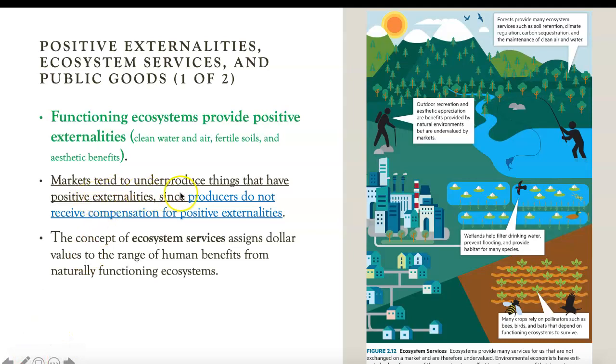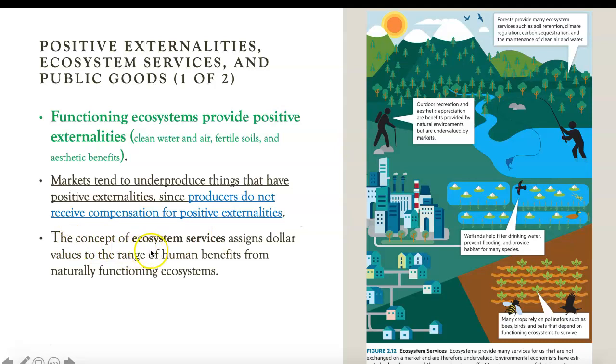Markets tend to underproduce things that have positive externalities, since producers do not receive compensation for positive externalities. And maybe we can create incentives or other system changes to change the society structure or economic structures. And that I leave to you, very smart individuals.